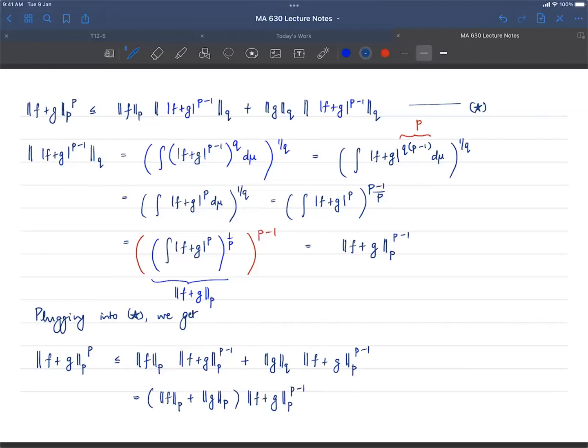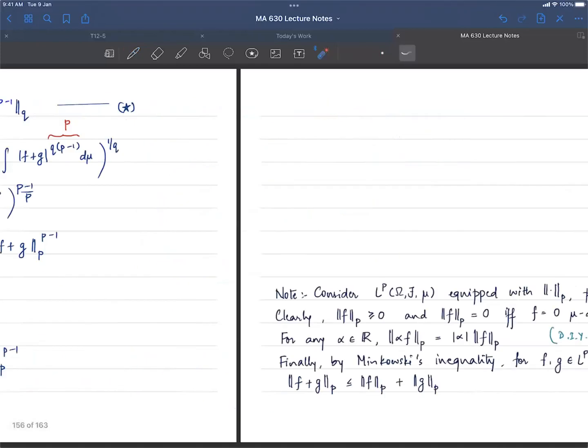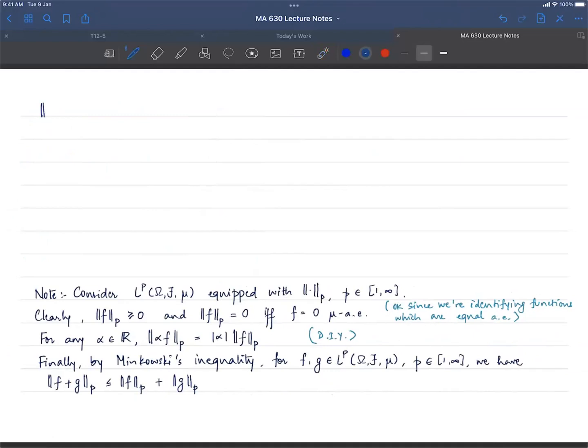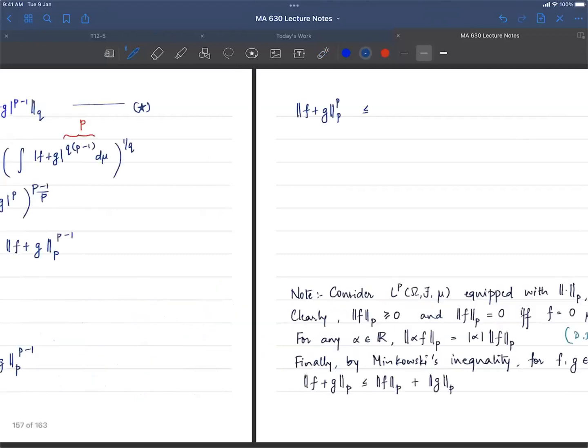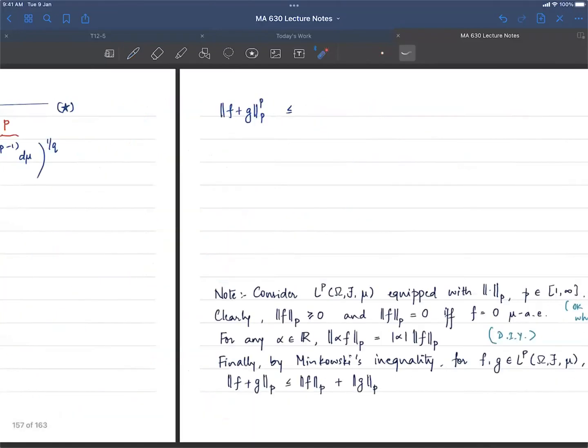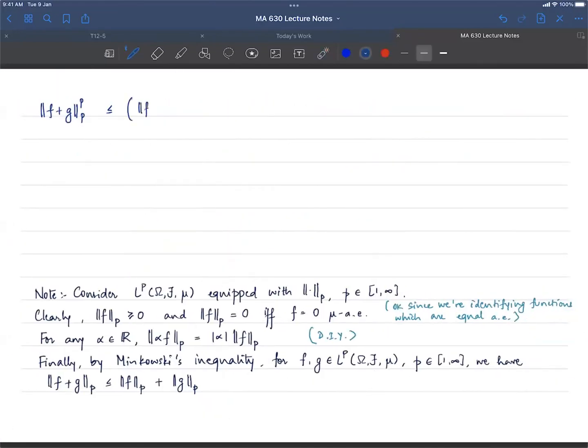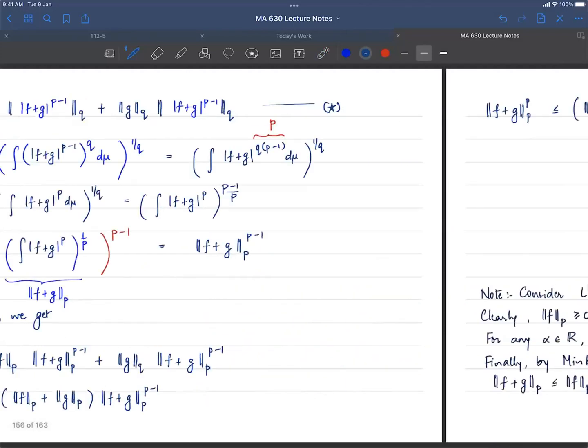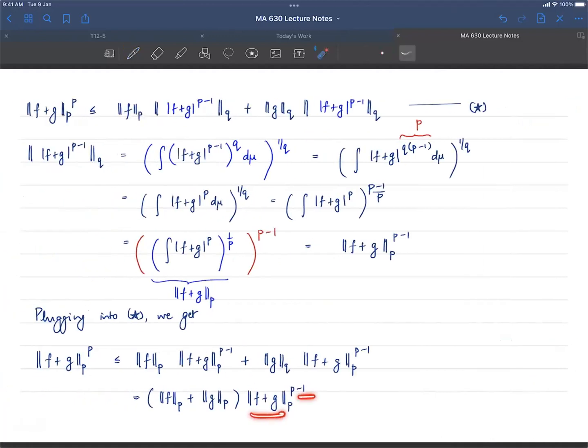Okay, so let me just rewrite what I have. The left side is the norm of F plus G to the pth power, and remember, this is the LP norm, less than or equal to. On the right side, you have the norm of F plus the norm of G, and then you have the norm of F plus G to the P minus 1.